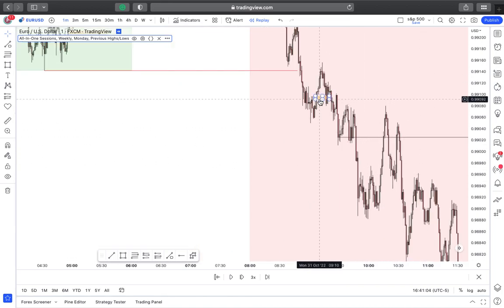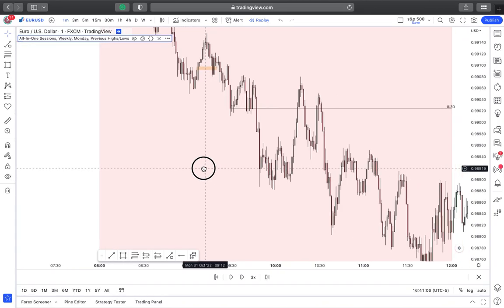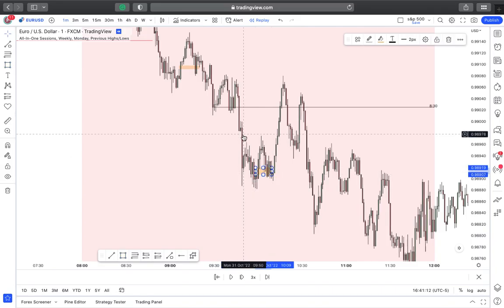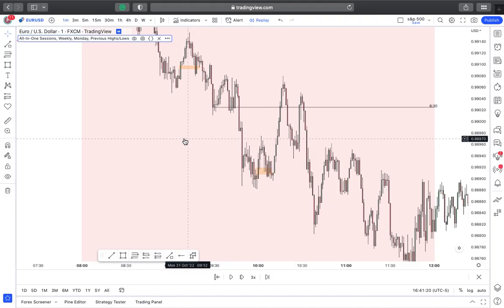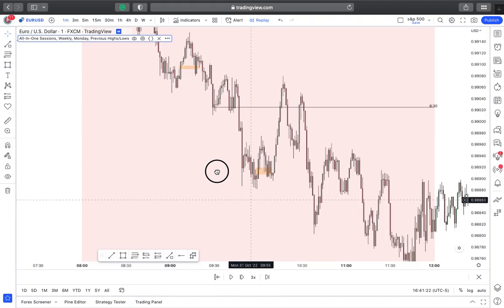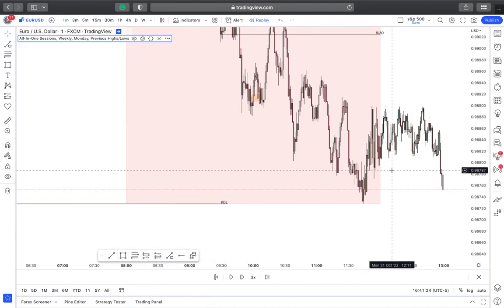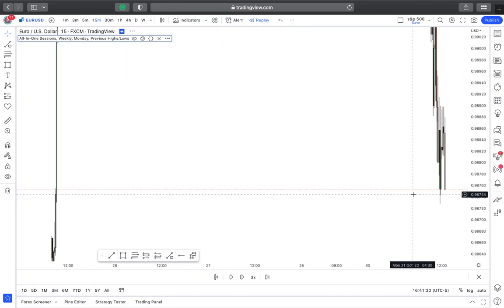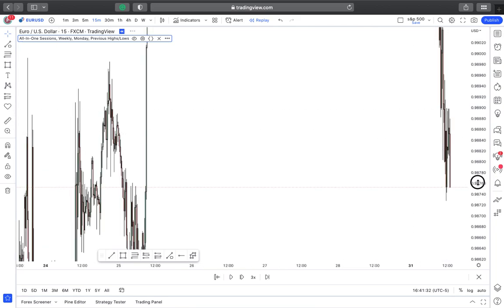So this was your first loss, and there was another one. This was your second loss. Both of them were valid. You have your proper sell side raids and fair value gaps and market structure shift. All of these losses were valid. Now what was the reason behind these losses?